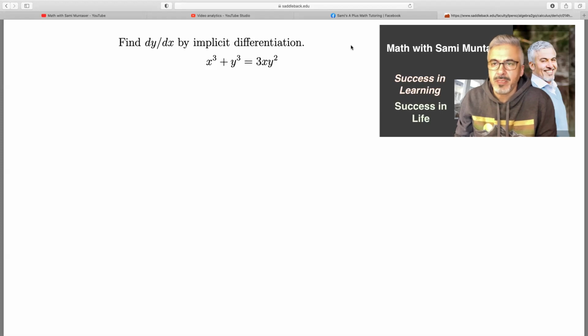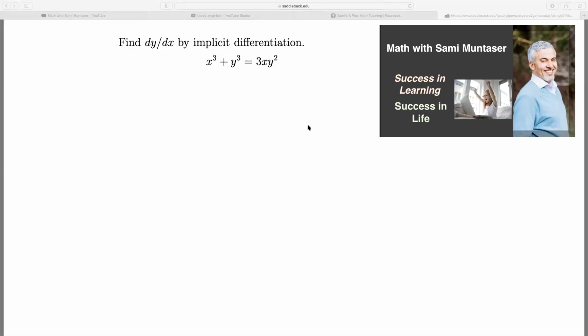So here's implicit differentiation. Find dy/dx by implicit differentiation. There are a few things that we should know here. The first thing is that when you're doing the derivative, you're doing it with respect to x. So it's dy/dx, with respect to dx.